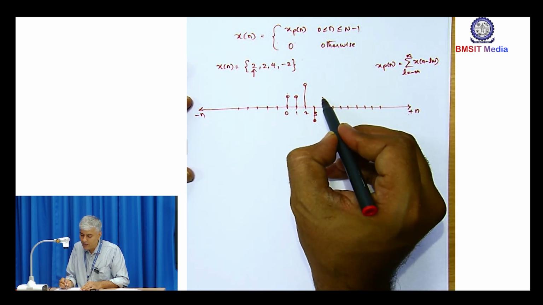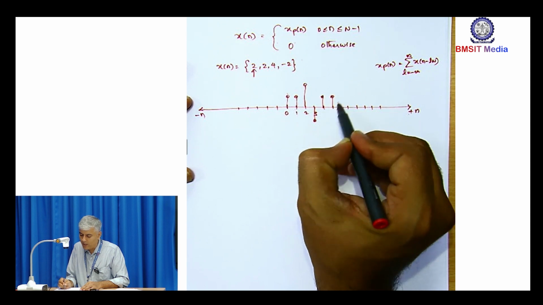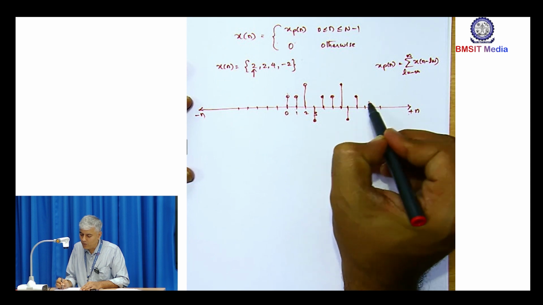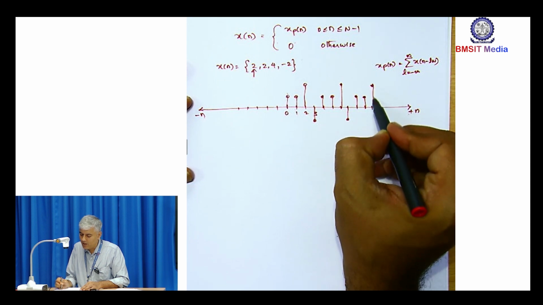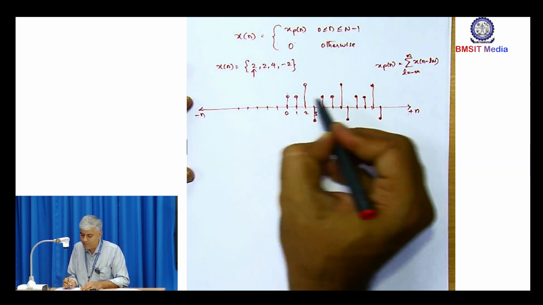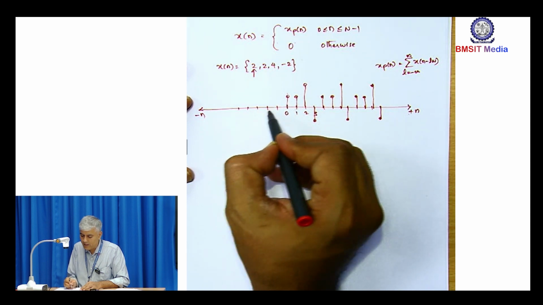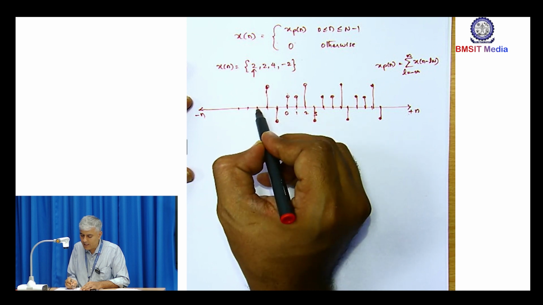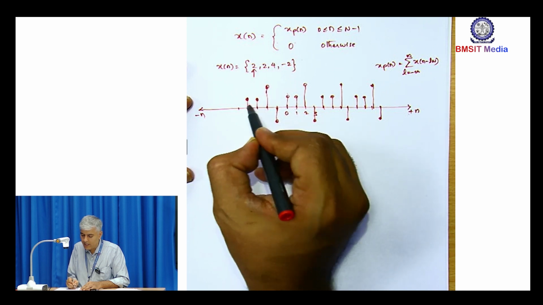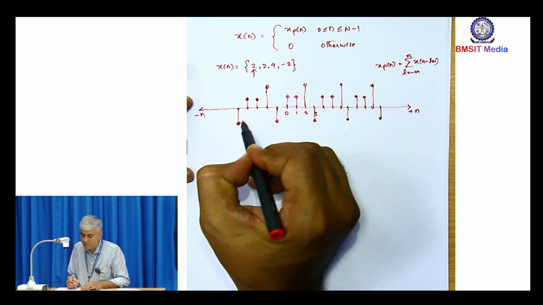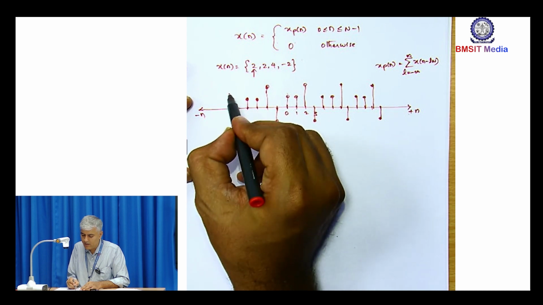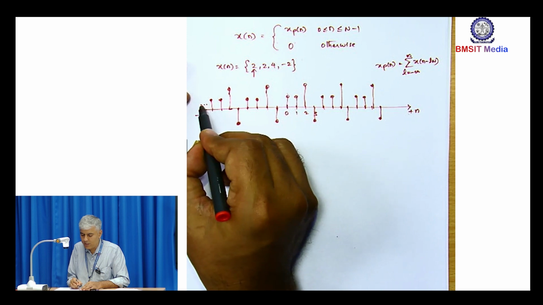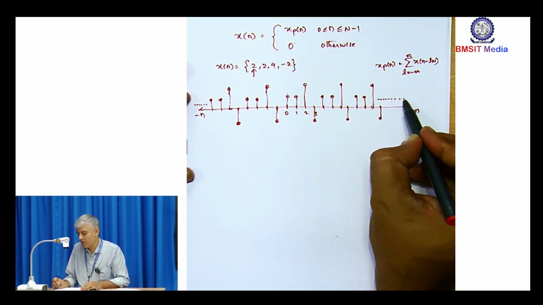So, it should be delayed by 1 time unit, delayed by 2 time units, and similarly this is advanced by n, advanced by 2n, and so on. So, this goes on, this goes on.